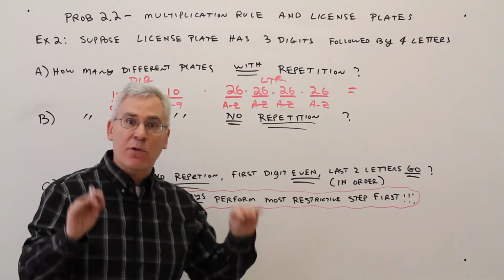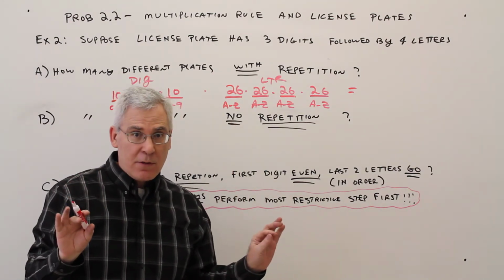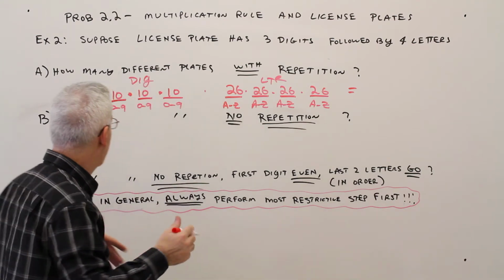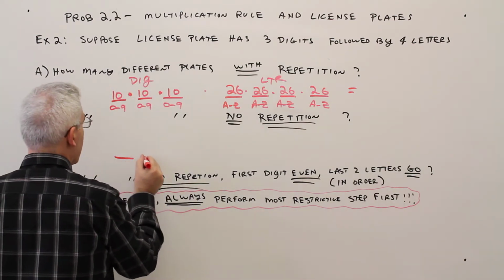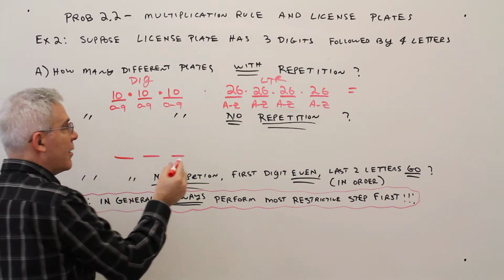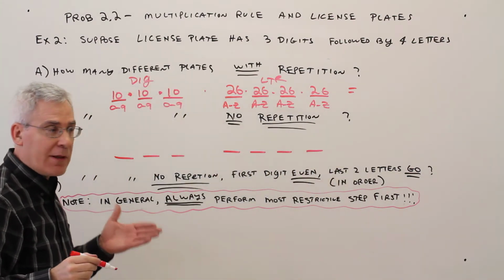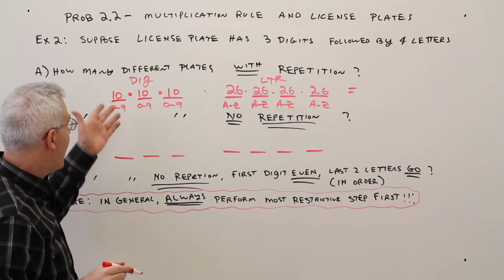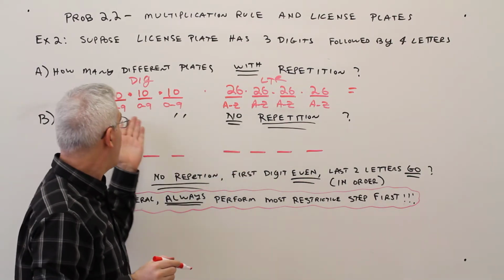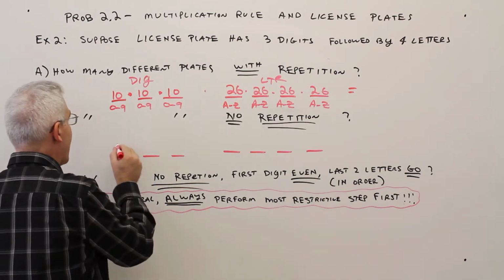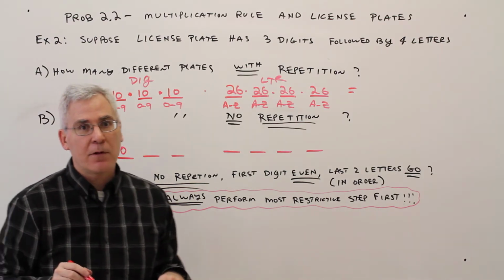All right, part B is the exact same as part A. However, in this case, there's no repetition. So I can only use a digit once or a letter once. So again, I'll set up my 3 possible digits, my 4 possible letters. Again, I've got the same possibilities below. So as far as this first digit, there's 10 ways of performing that step.